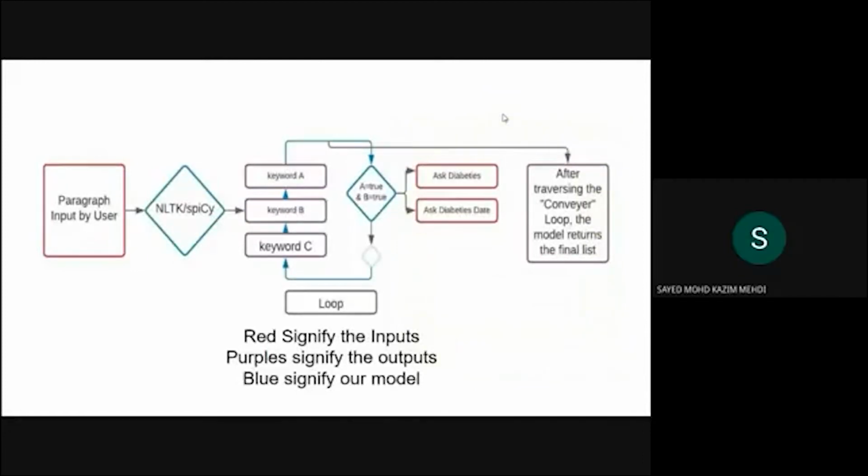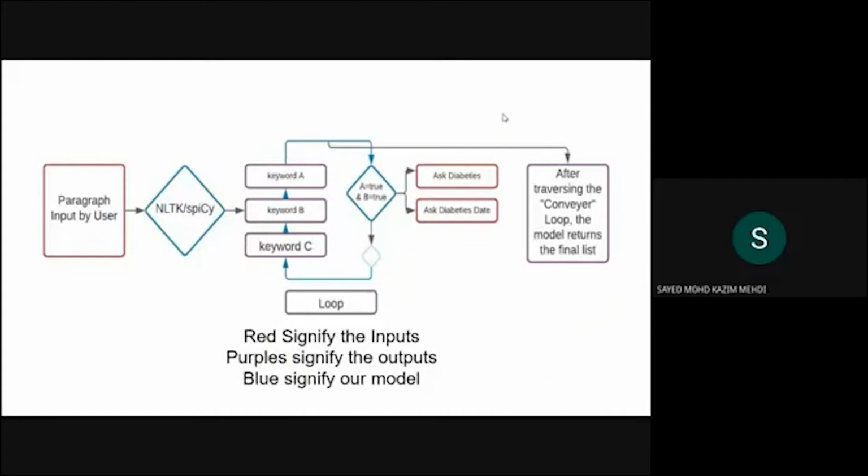So basically, one of our mentees is not present here, so I'm going to explain this NLP based model. This is a Q&A model where the user has to give the input, and after that it will process it and suggest some keywords. After clicking the keyword, it goes to the decision making model.